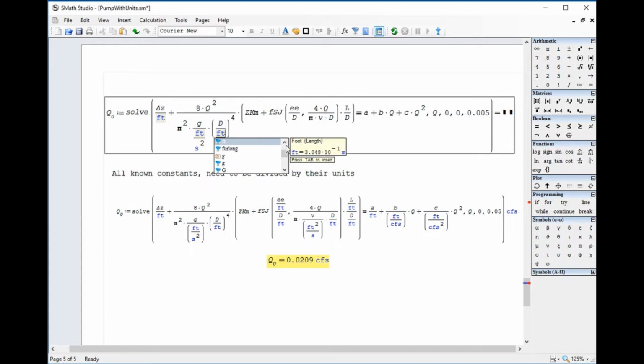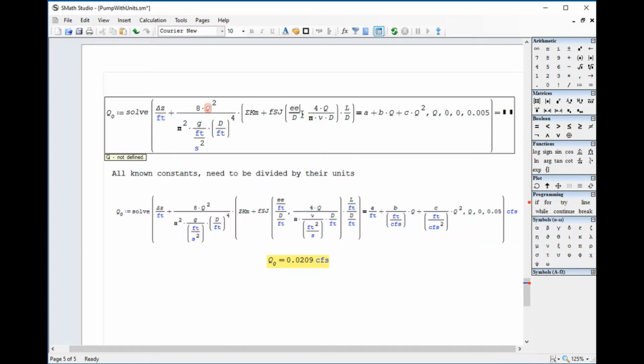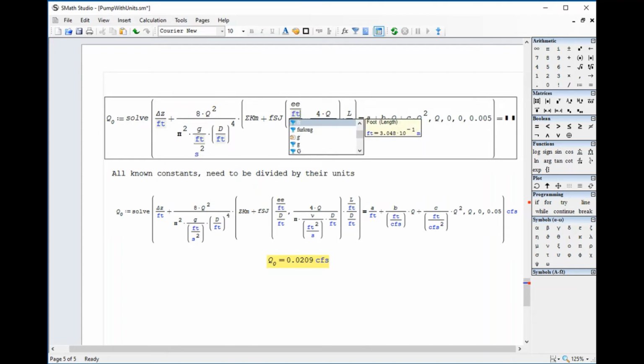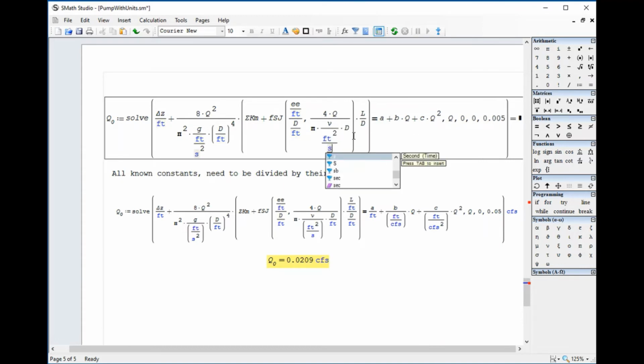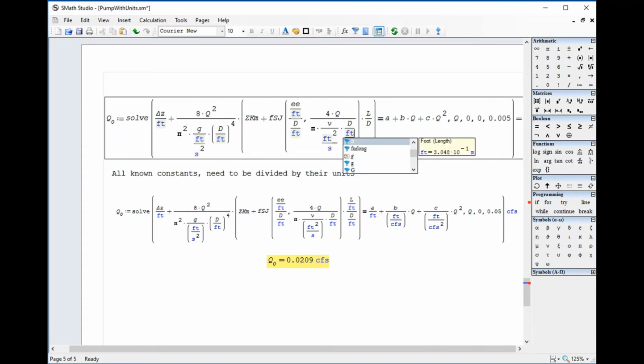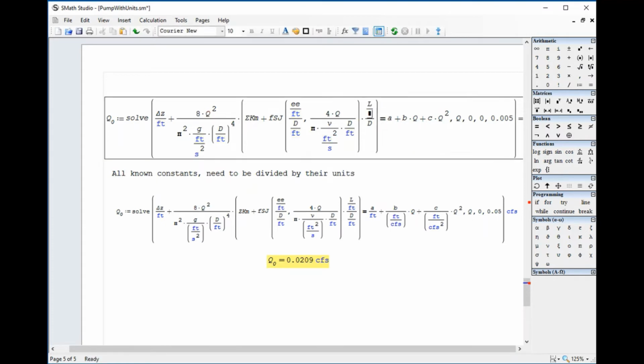And then in here, the roughness is in feet, it is a length. You need to know this stuff, so I'm just using this to illustrate that. Q is my unknown, so keep it there. Nu is called the kinematic viscosity and has units of feet square per second. D divided by quote feet. And then L and D both get divided by feet.